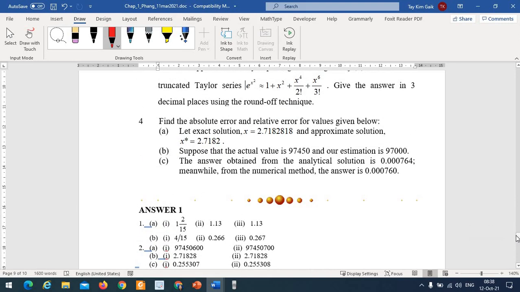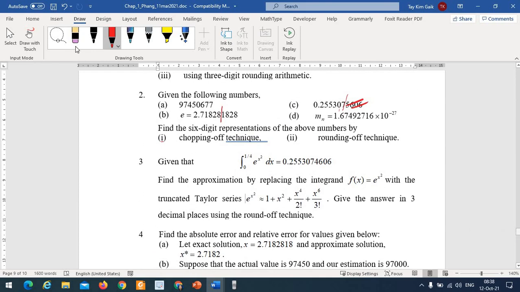This way you see 1, 2, 3, 4, 5, 6. And if rounding, because the digit behind is 5, for rounding, if the digit behind that you are going to round or chop is greater or equal to 5, you increase 1. Because this is 5, you increase this 8 here by 1. So the answer is 0.255308. So this is rounding.